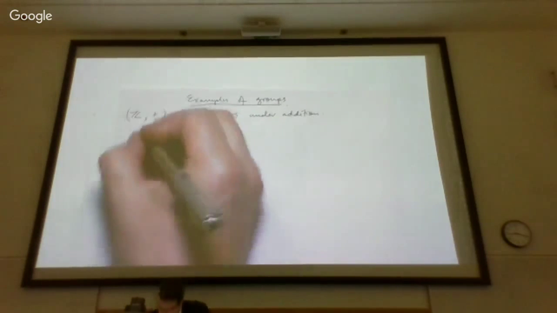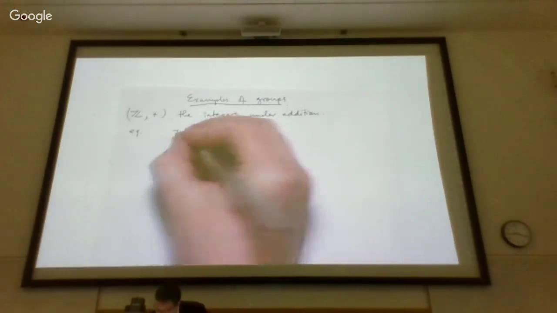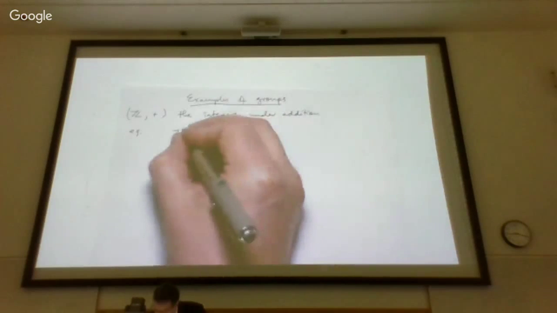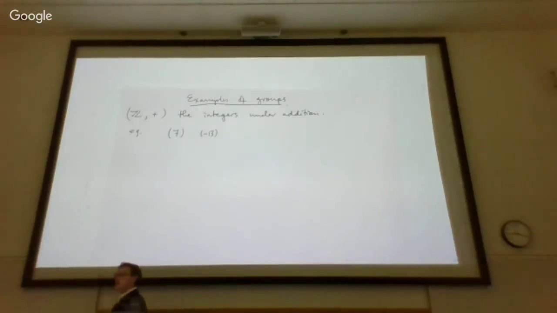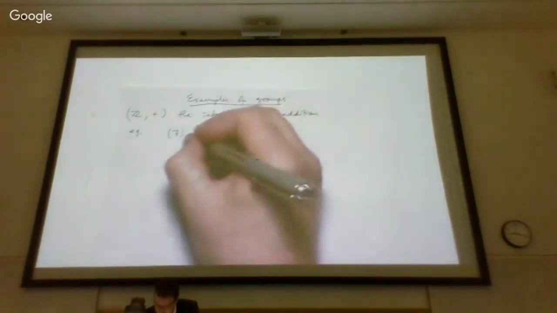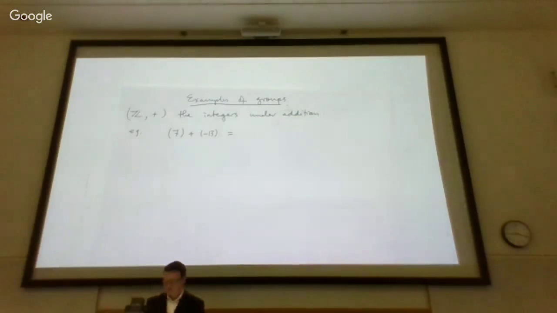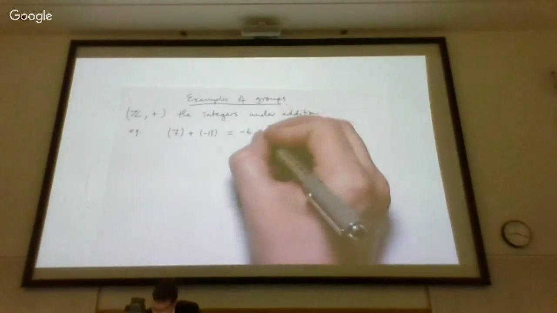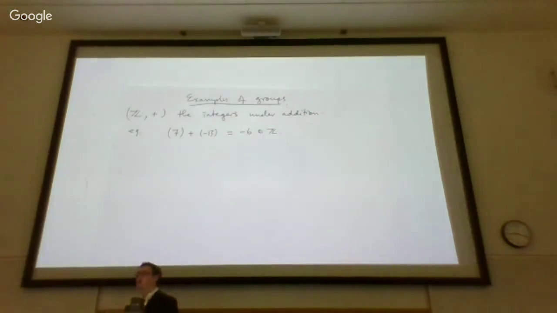You take any two integers, e.g. the two random integers, 7 and minus 13. Take two random integers, you can always add them together. Minus 6, is it? You always get another integer.